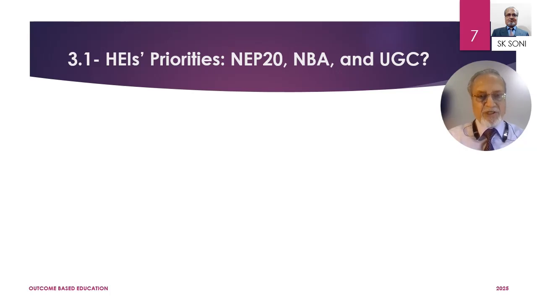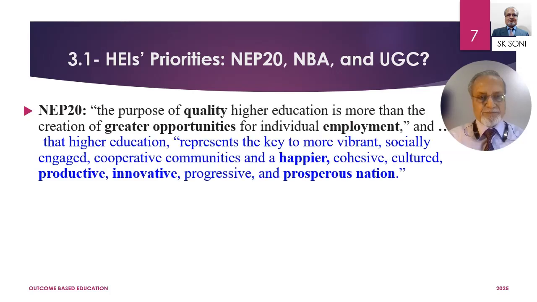The priorities of higher educational institutions in the context of National Education Policy 2020 and regulations of NBA and UGC. NEP 2020 says that the purpose of quality higher education is more than creation of greater opportunities for individual employment.